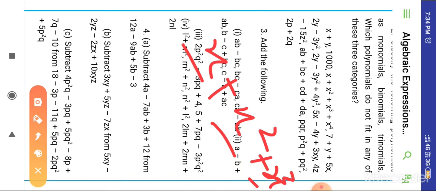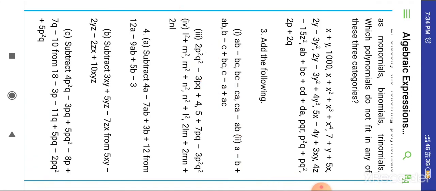Now we can easily add 25 upon 15 and 9 upon 15. First we write 25 and 9 in the numerator and 15 in the denominator. Then we simply add 25 and 9.